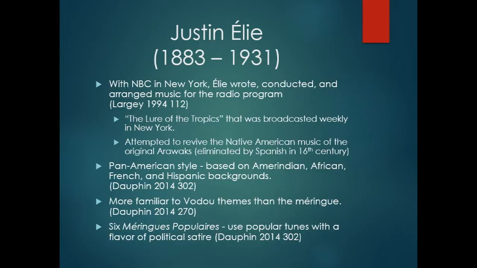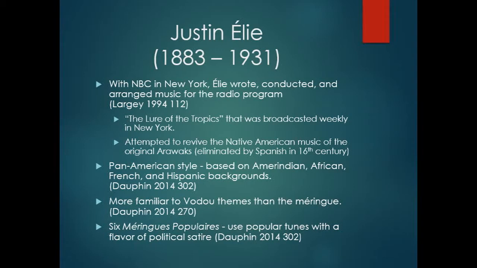Just some information about Justin Ellie. Justin Ellie moved to France when he was 12 and received his music education, and then spent a lot of his time in New York, where he had his own radio show called The Lure of the Tropics. He had a Pan-American style, so he was able to combine different styles: African, French, Hispanic.